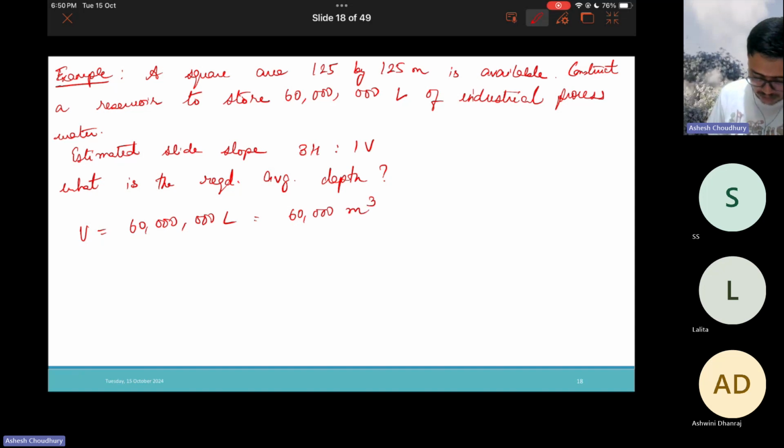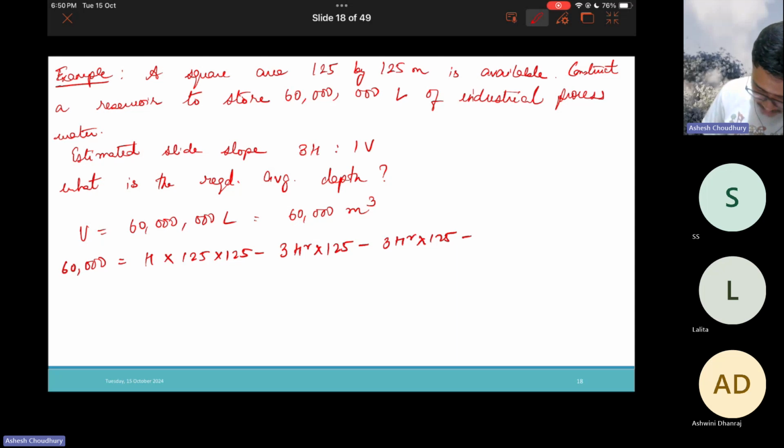This much cubic meters. Now you just put it in your equation: 60,000 is equal to H times, this 9 is what, S square.